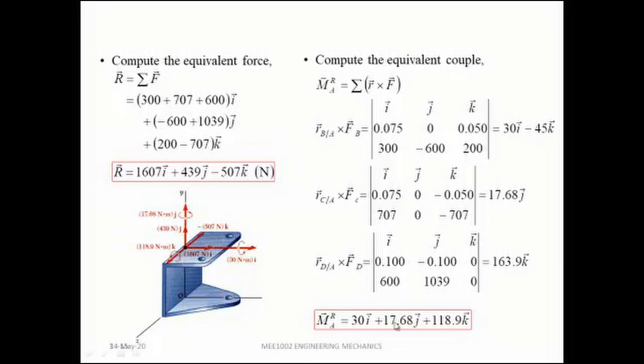Similarly, we get Mx is positive, so anti-clockwise, we are using anti-clockwise, that is magnitude is 30. My is also positive, so anti-clockwise. This is also positive about z-axis, that is also anti-clockwise. So we have represented all the forces about A.